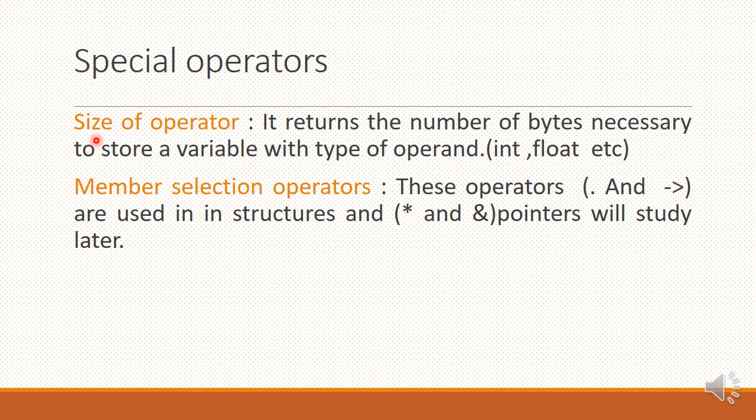In the same way, we have the member selection operators. We will study these when we study pointers, and in that chapter I am going to explain these member operators in detail.